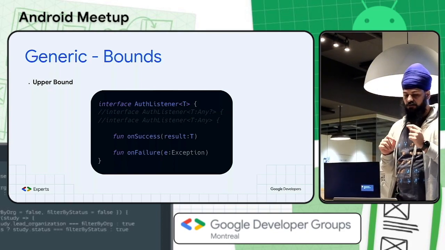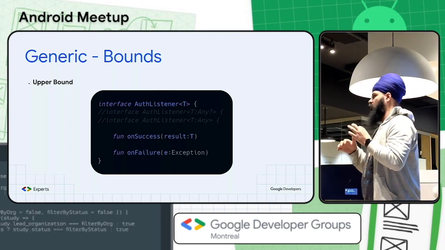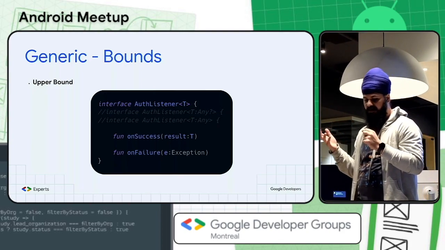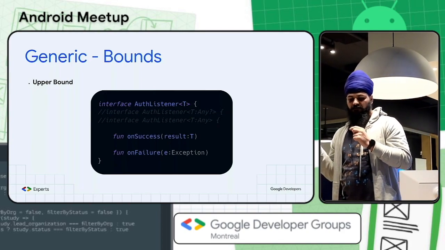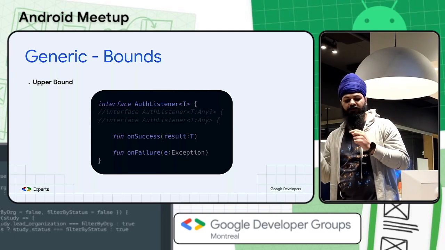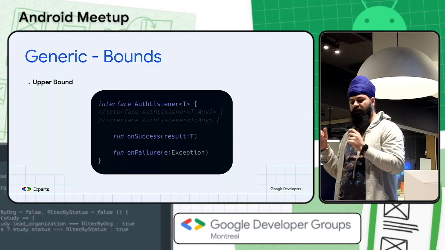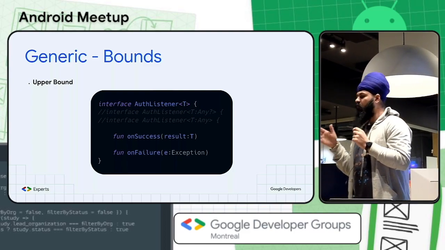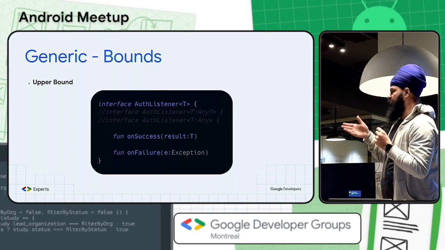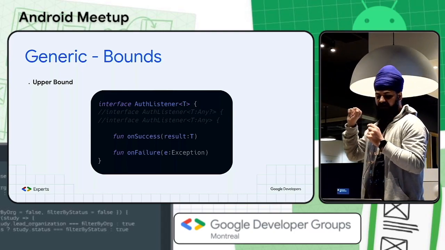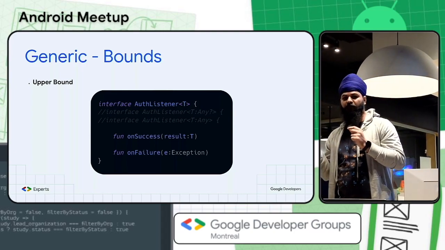There is a concept of an upper bound in Kotlin. I didn't know about that one until our app was crashing at some point, and then I found that there is an upper bound on generic types. As you know, if we want to create a nullable type in Kotlin, we add a question mark at the end of the type. I thought the same applied to generics.